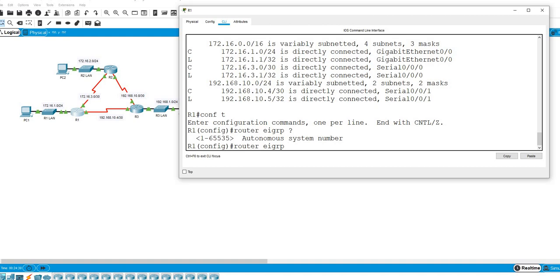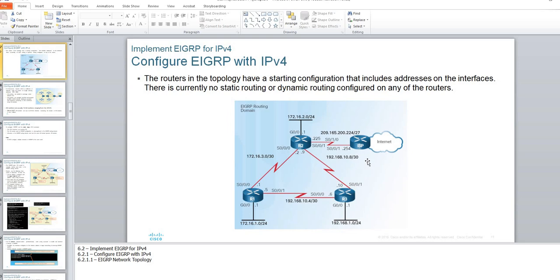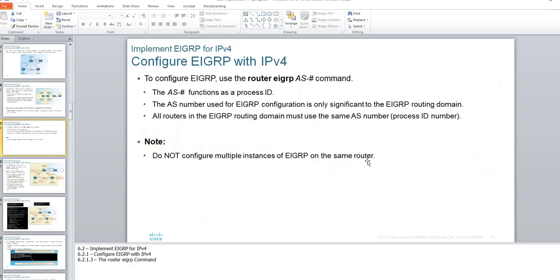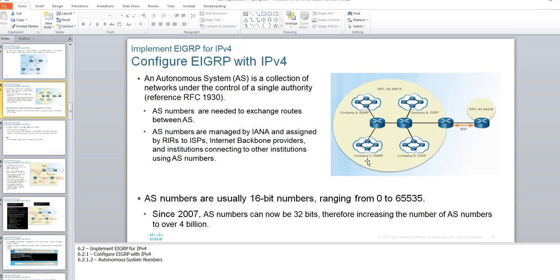Now what is it? An autonomous system is a collection of networks which are under the control of a single authority. So one organization has control of all those routers, the whole network, and that is allocated one number.